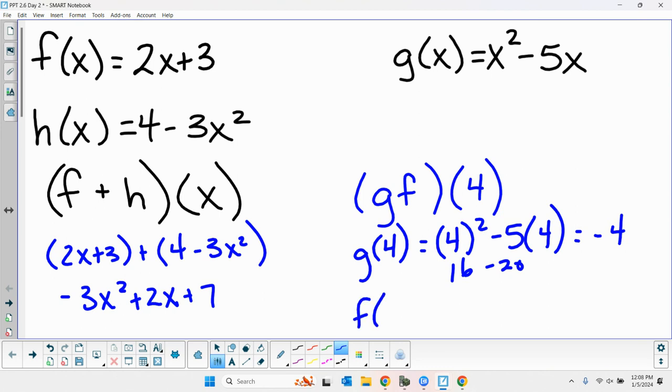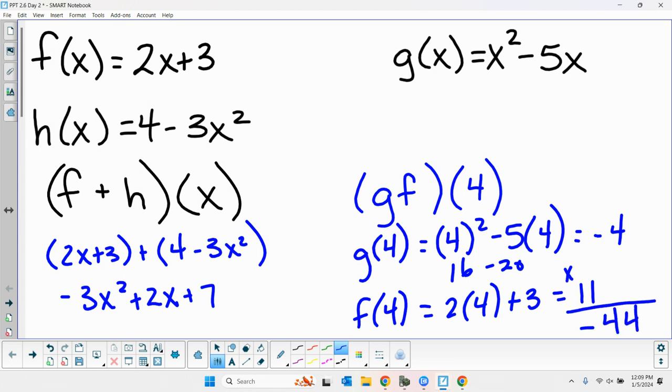F of 4 would be 2 times 4, 8, plus 3 is 11. And then what do I have to remember to do with those two answers? I need to remember to multiply them. Yeah, so I'm going to multiply those two, and the answer is negative 44.